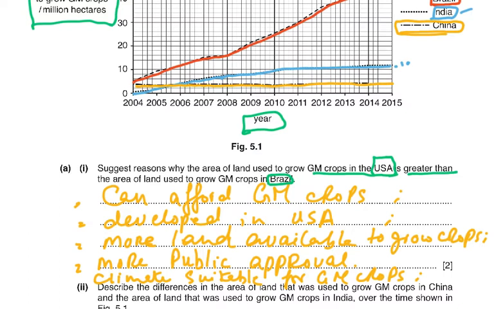They do not want any GM crops. So more public approval, or the climate is suitable for GM crops. Any two of these, and you got your 2 out of 2. Suggest is the one which is always very difficult, and it just requires a basic knowledge and understanding of biology, and there's no one answer to it.